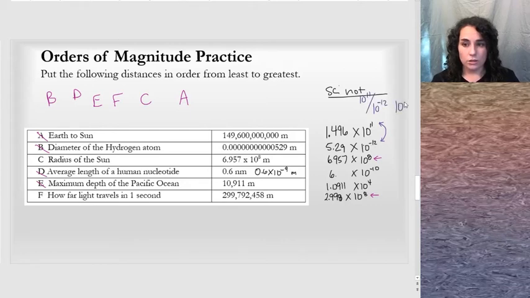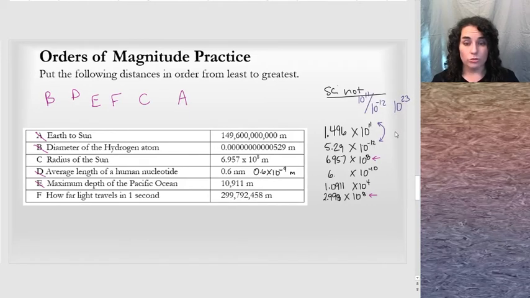Well, there's 10 to the 23rd orders of magnitude between those two numbers. And it is, right? One's really, really large, Earth to Sun distance, as opposed to the diameter of a hydrogen atom. The Earth to Sun distance is 1 times 10 to the 23rd power times larger than the diameter of the hydrogen atom. That's what that means.